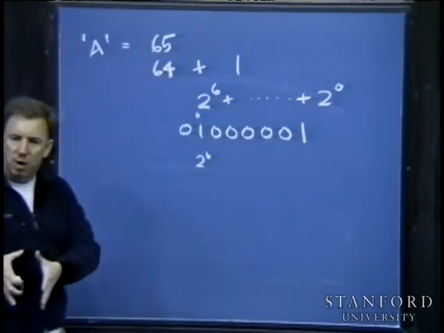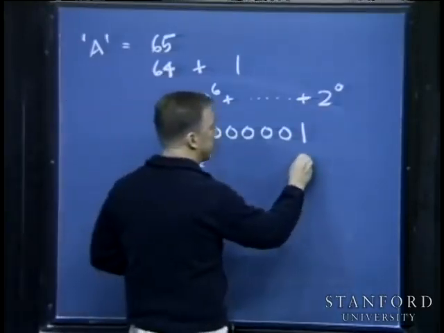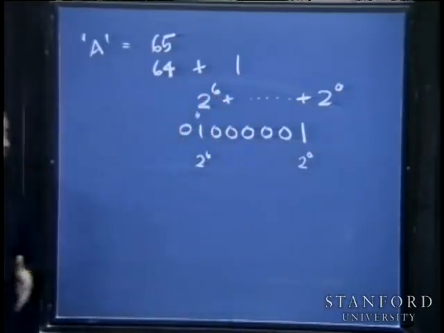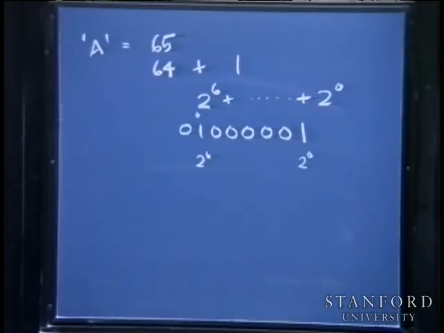This contributes 2 to the 0th. You can look at it as having contributions of 2 to the 1st and 2 to the 3rd and 2 to the 7th that are weighted by a 0 as opposed to a 1. Okay, that makes sense to people?